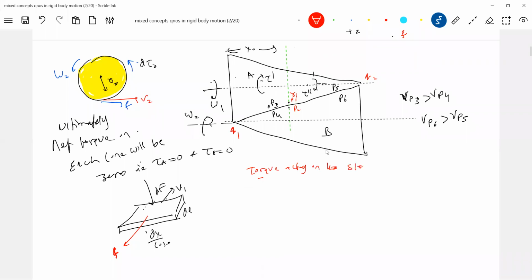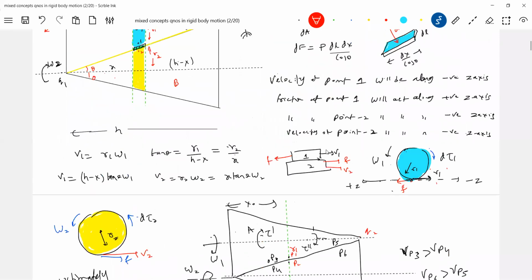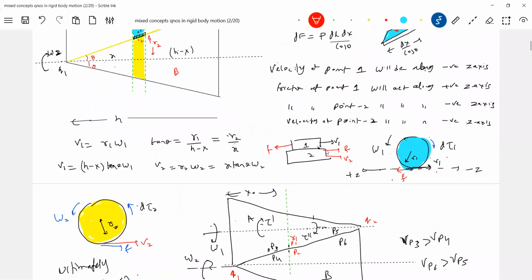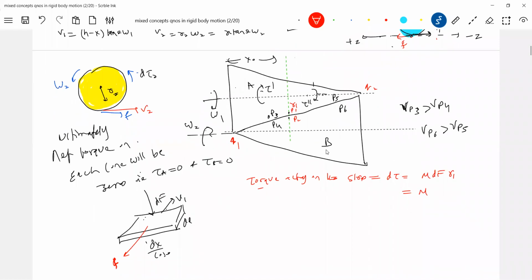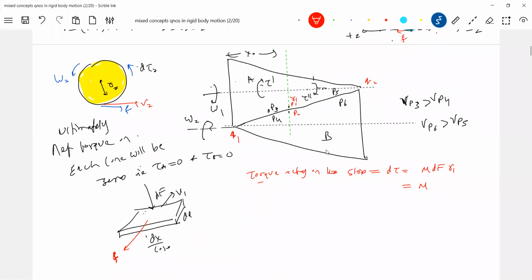Torque acting on the strip, d tau, is equal to mu into df. Okay, what is the df value? Already I think I derived it: df equals p dl dx by cos theta. And d tau is frictional force F into r1.